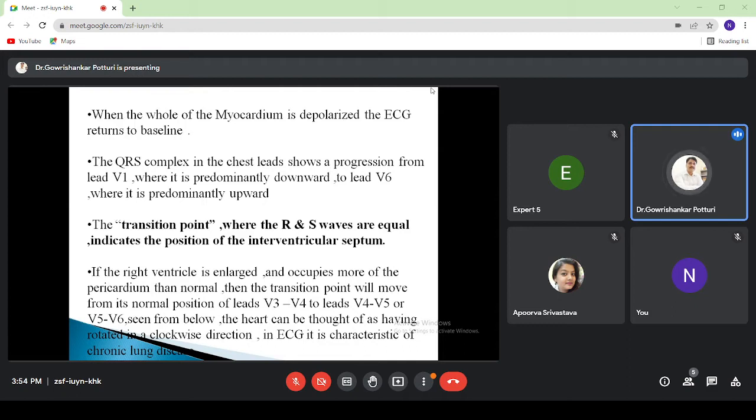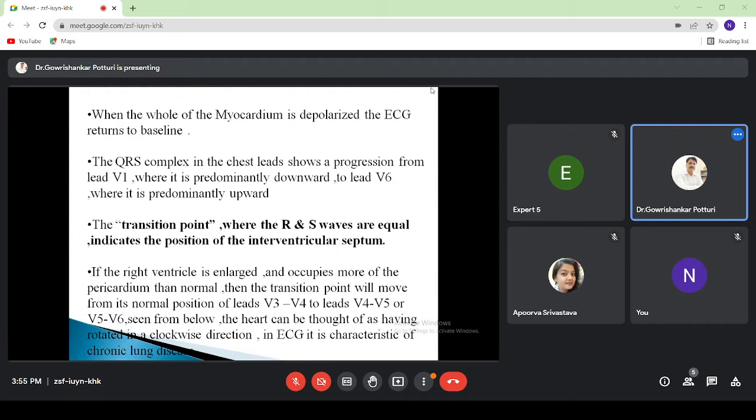When it comes to the V6 electrode, R wave is very dominant and S wave is very recessive. But in between, there is a transition point where R wave and S wave are of equal sizes, and that indicates the interventricular septum. Always you should get this transition point in between V3 and V4.